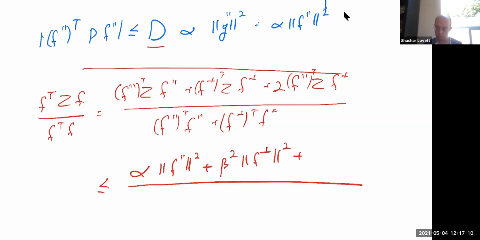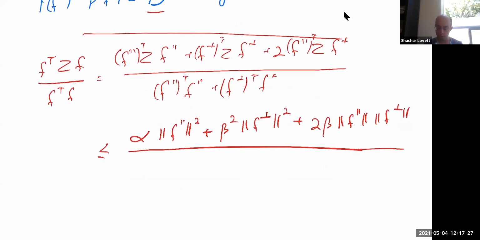And the last part was just 2 beta times the norm of f parallel times the norm of f perpendicular. Right, so for the second and third terms we just use the expansion of H. For the first part we use the expansion of G to bound them. And overall we normalize by the norm of f parallel squared plus the norm of f perpendicular squared. And I'm claiming that this is all going to be small. This is exactly what we wanted.